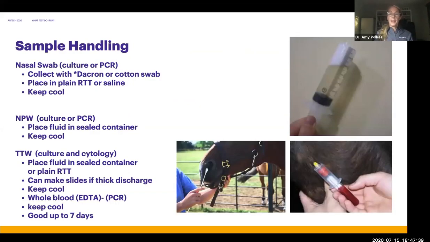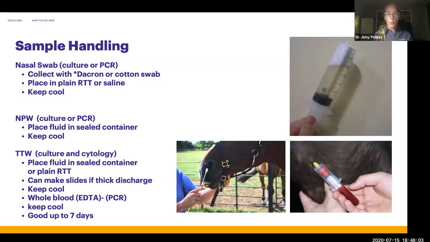So again, just to recap, for sample handling, for the nasal swab, you really want to collect a Dacron or a cotton swab. You want to place it in a red top tube or saline and keep it cool. For the nasopharyngeal wash, you want to place the fluid in a sealed container and keep it cool. Just make sure you tape the lid or something.